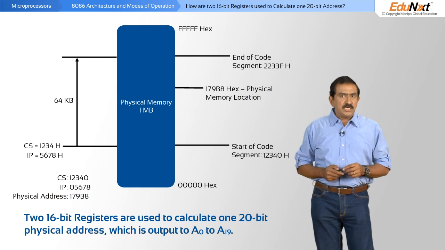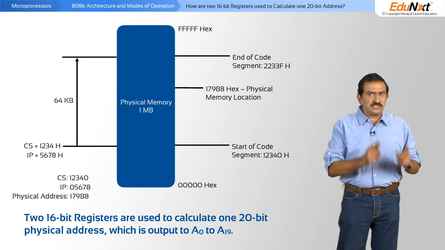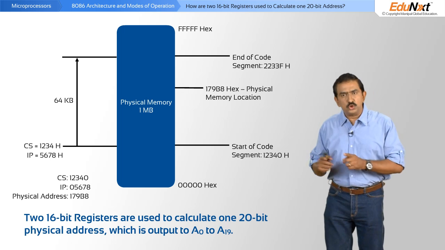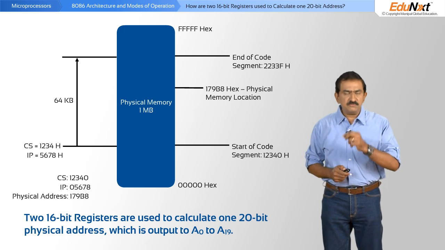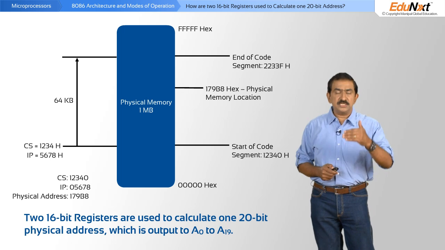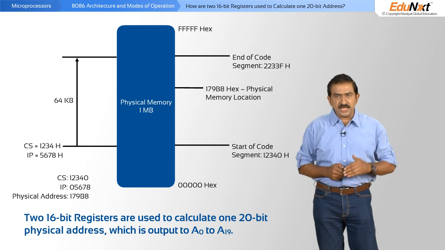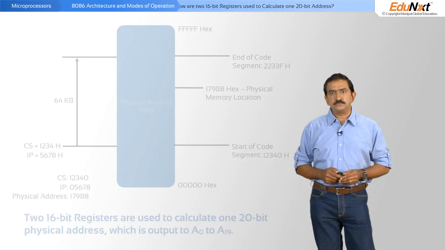This is the way two 16-bit registers are used to calculate one 20-bit physical address, and this physical address is outputted onto A0 to A19, 20 bits long.